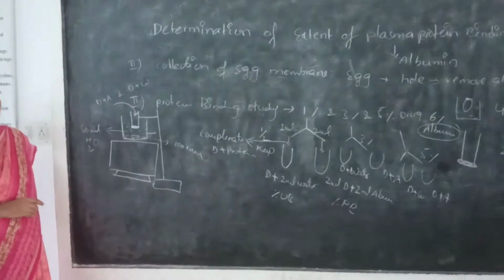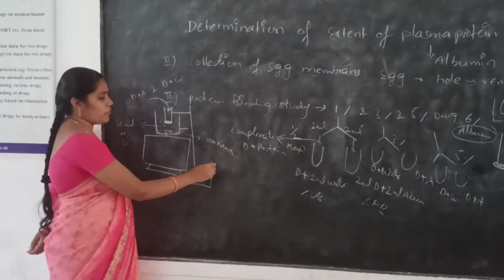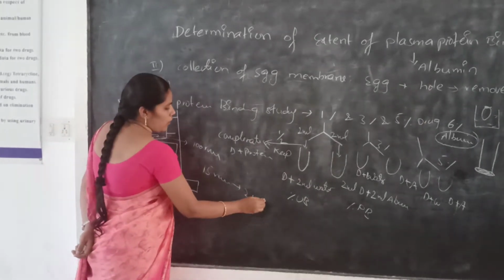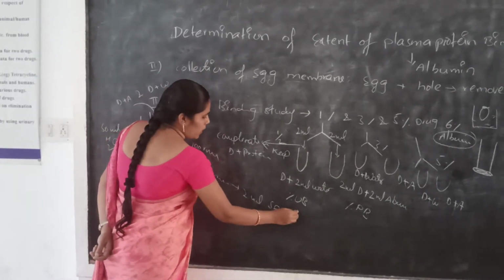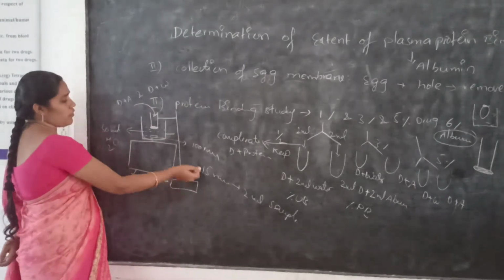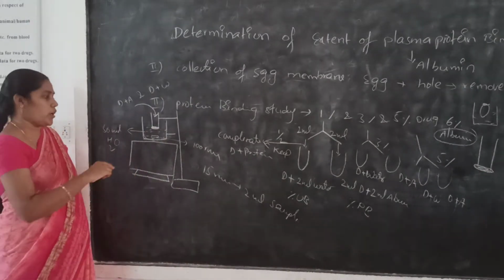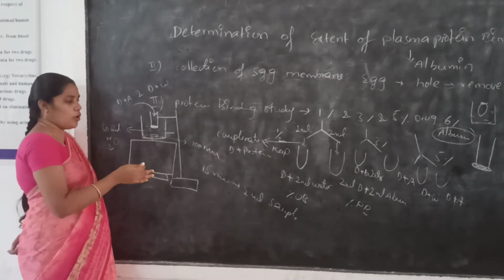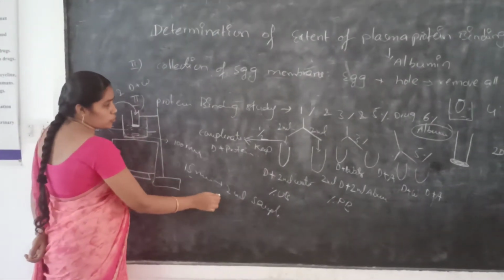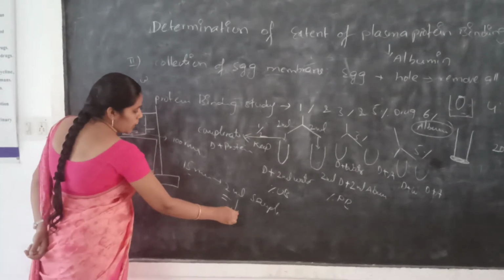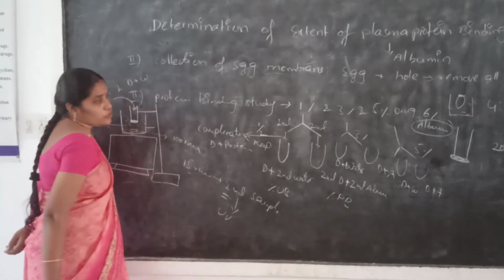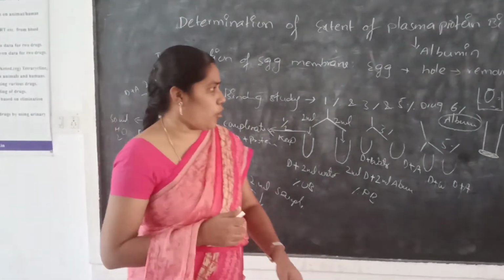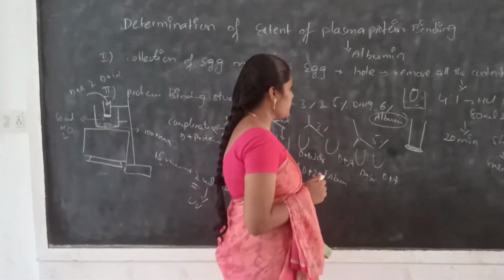At 15 minute intervals we collect 2 ml of sample, and at each interval we replace it with fresh water to maintain sink conditions. The samples are analyzed by UV spectroscopy. So now we have the different concentrations of the solutions.